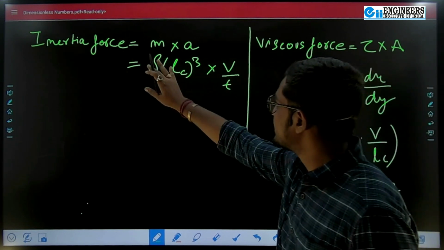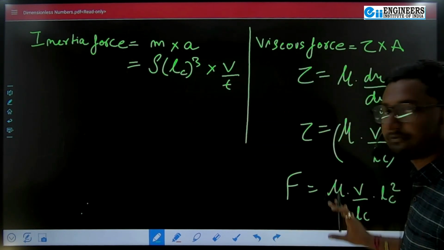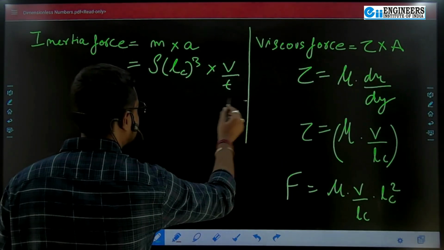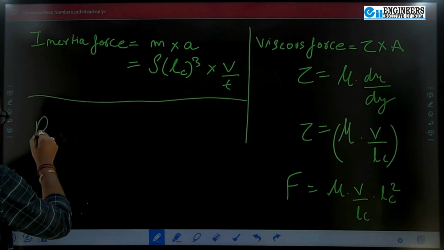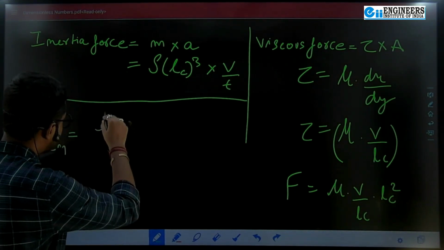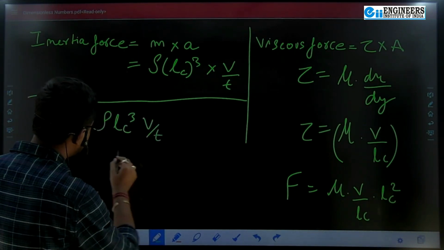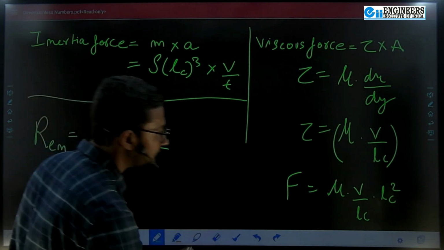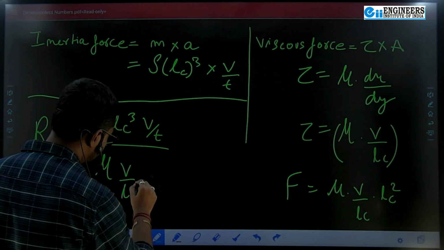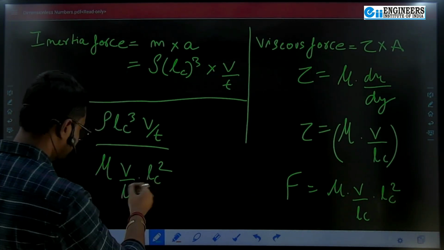Now we have the expression for our inertia force and also for our viscous force. Let us derive the equation for our Reynolds number. Reynolds number equals inertia force, rho LC cube V by T, divided by viscous force, mu V by LC into LC square. Now let us see what gets cancelled.